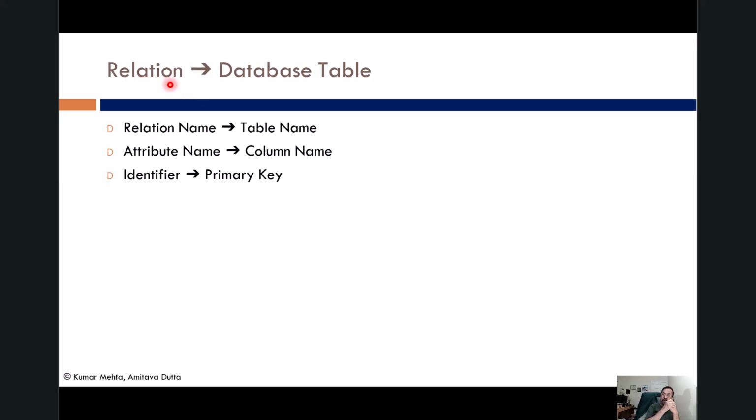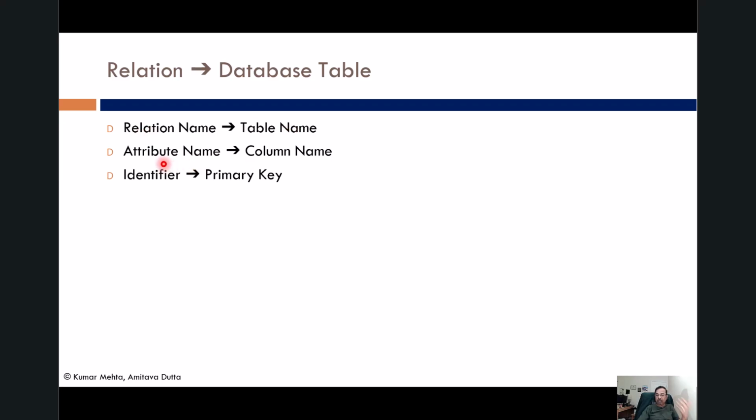Remember when we had the ER diagram, we had relations, and corresponding to the database table, when you go to the relational schema, if you remember that journey that we took for the data modeling process, we went from the ER diagram to the relational schema. In the relational schema, we had database tables. Okay, so the relation name became the name of the table.